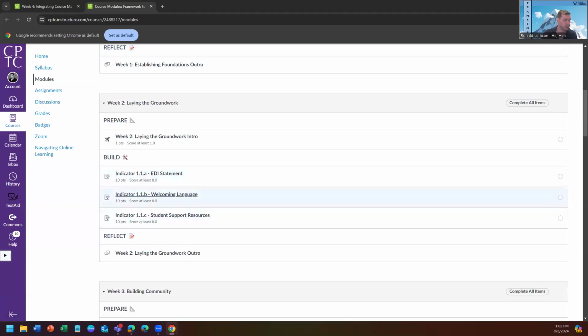I went in and changed the title of these assignments to indicators. So if you're looking for standard, whatever number plus letter, I've changed them to make it a little bit easier to understand that we're in section 1. We just finished standard 1 because we went through these 6 indicators.